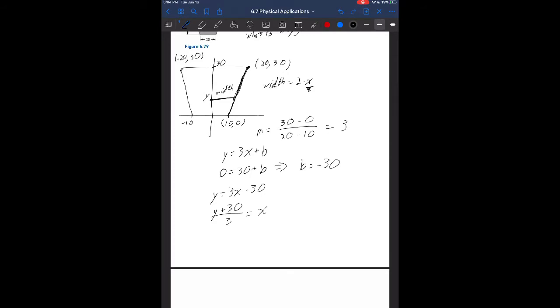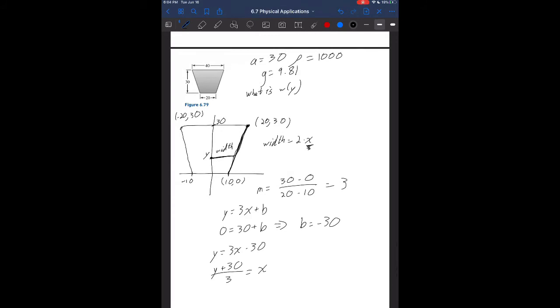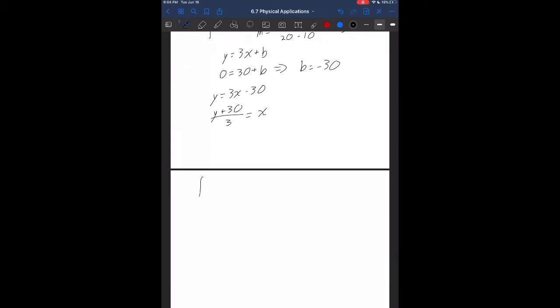So now we can take all of the information we have. We now have our width function, which is just 2 times this function we have down here. We have our a's, we have our rho, we have our g, and we get that this is going to be the integral from 0 to 30 of rho times g times y plus 30 over 3 times 2 times 30 minus y dy.